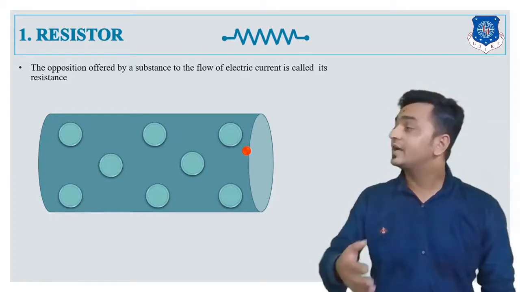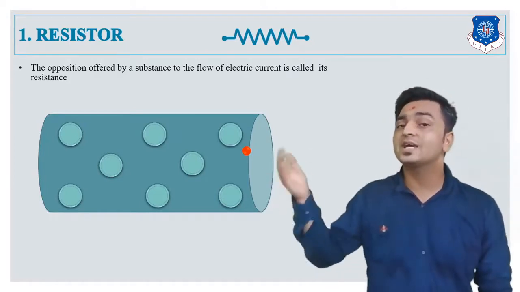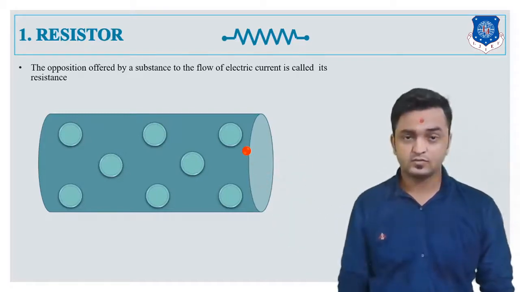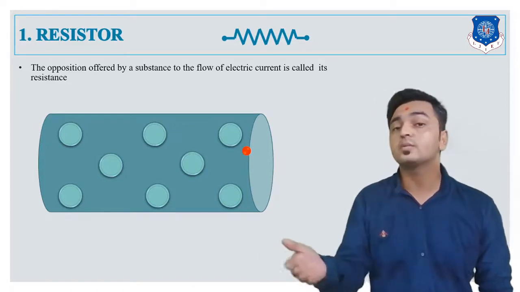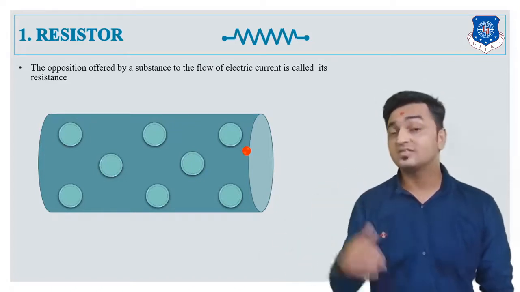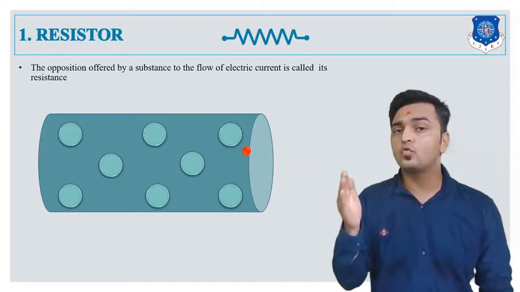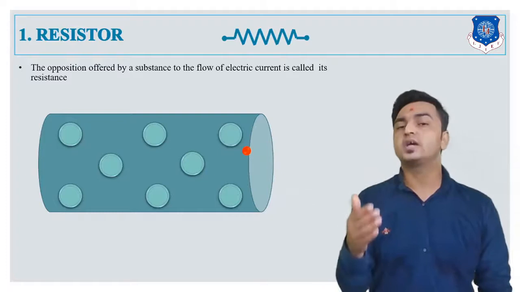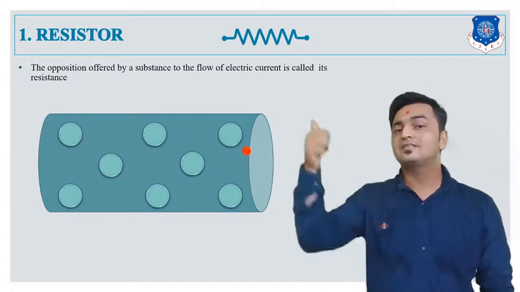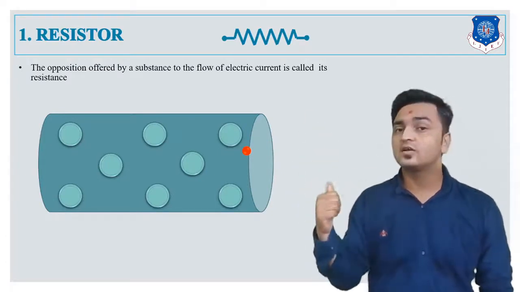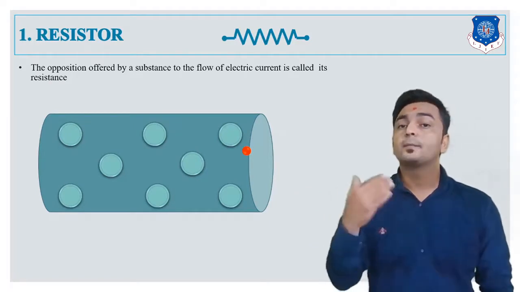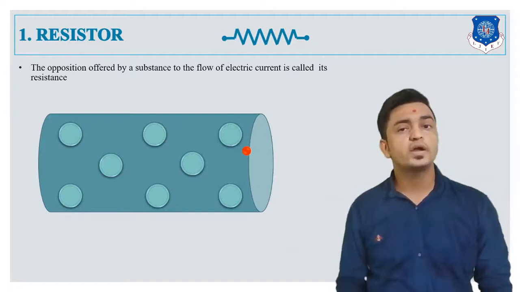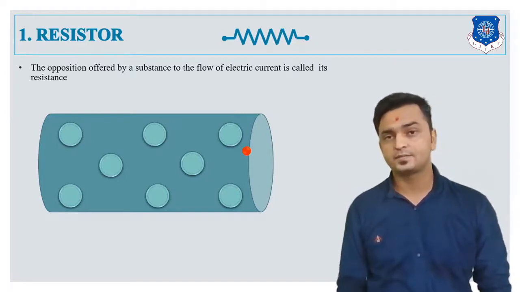When we apply potential difference, meaning EMF or voltage, across that conductor, because of that potential this red charge will move from one point to another. So let's assume that at this point where the red dot is, we are providing negative, and on the other end we are providing positive supply.